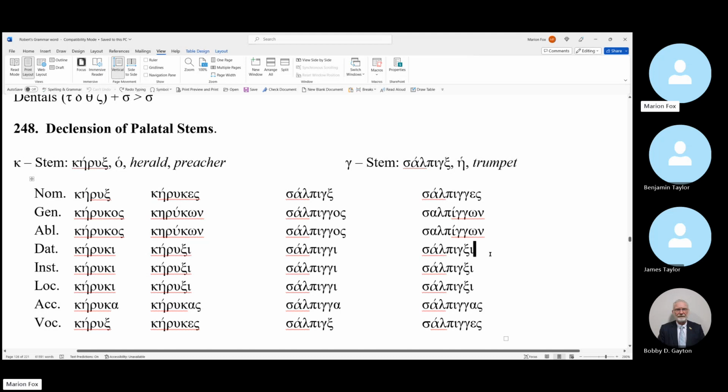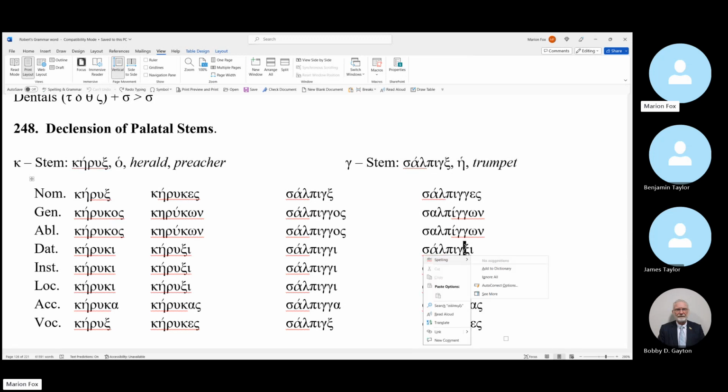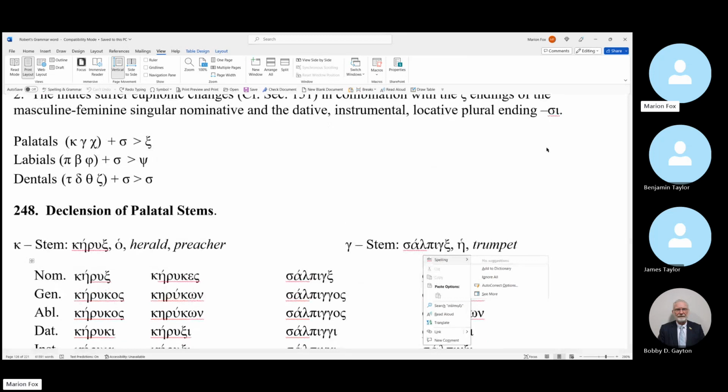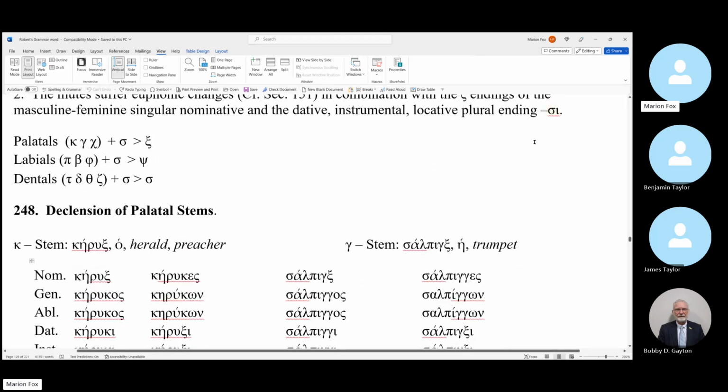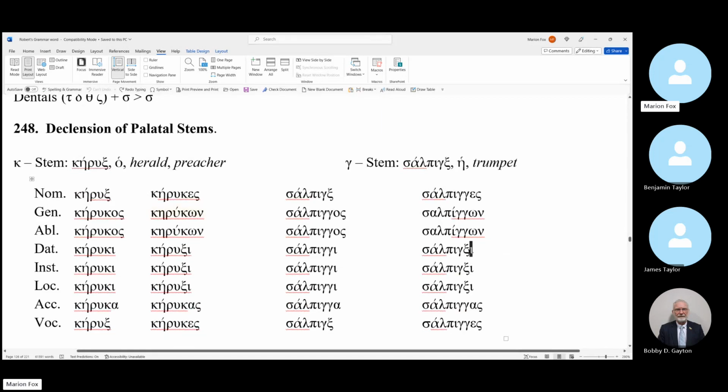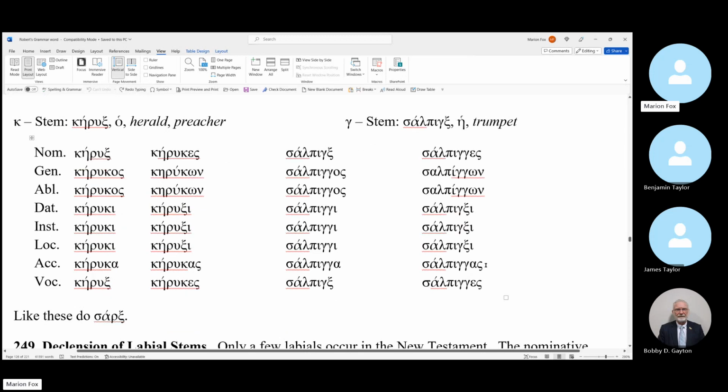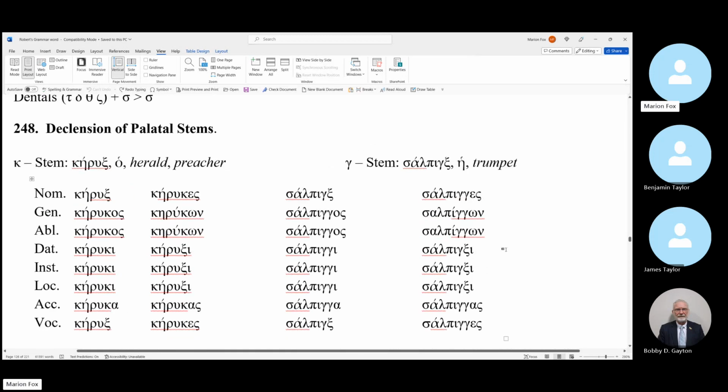In the plural, not in the singular, they did. It's okay. In the plural it did. The second gamma becomes Kasi with the sigma. So you'd add a sigma iota ending to it, and that's what you're adding down here, here, and here. With a gamma, it then becomes Kasi. That's how that worked. Okay. Any comments there?